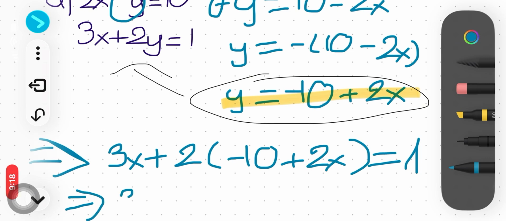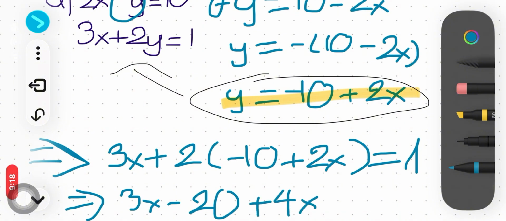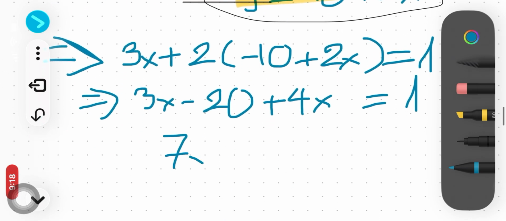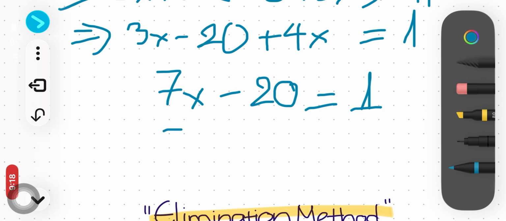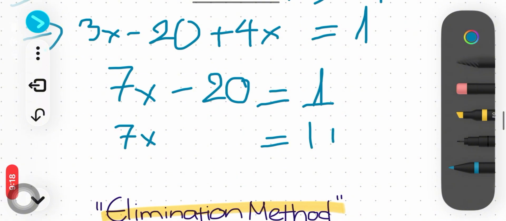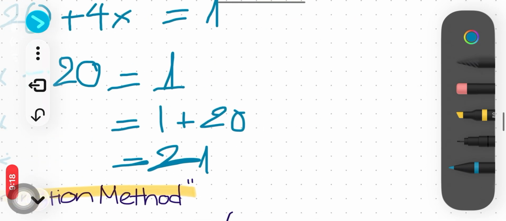And we just solve it. 3x minus 20 plus 4x equal 1. 7x minus 20 equal 1. 7x equal 1 plus 20, and we have the answer x equal 3.